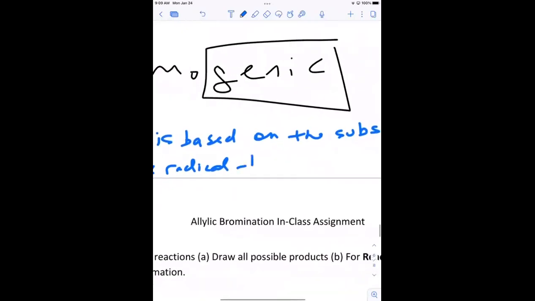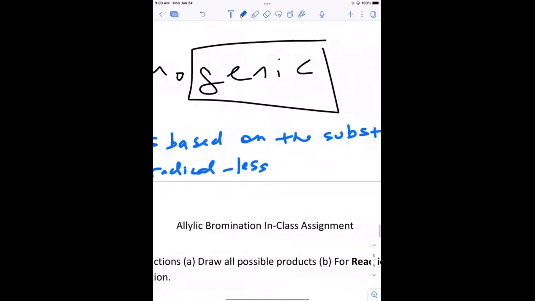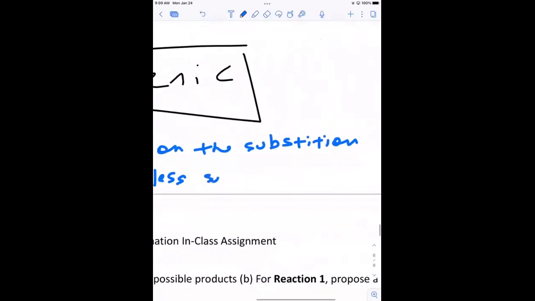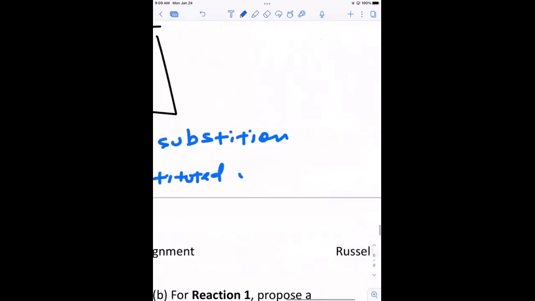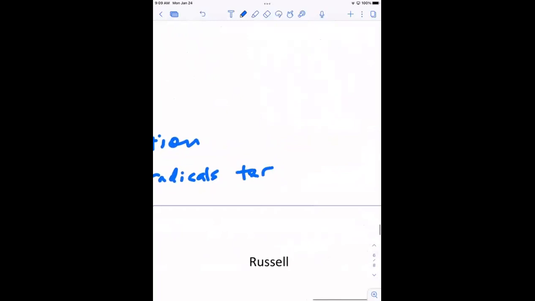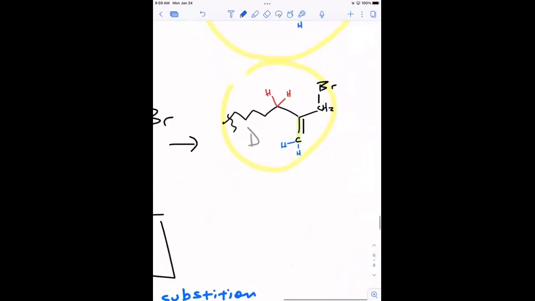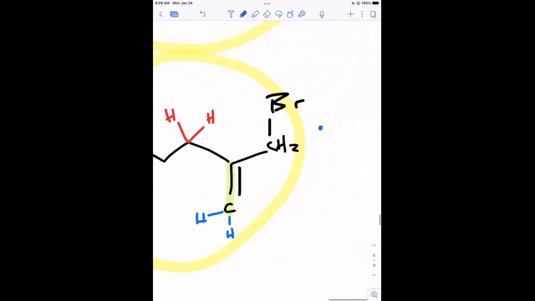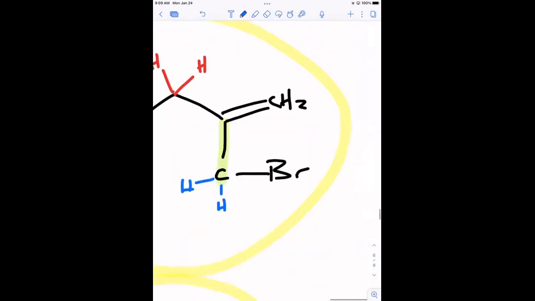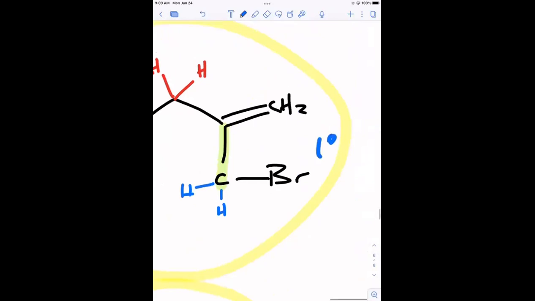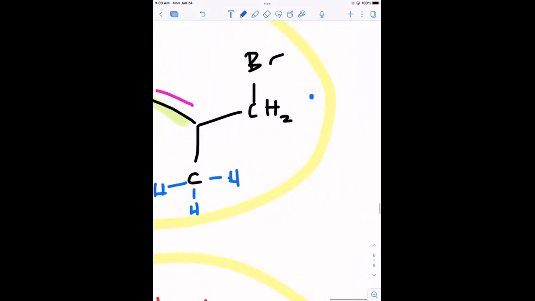Less substituted radicals terminate faster. So all of these are primary. That's primary. This is also primary. And this is primary. So it'll be a competition.